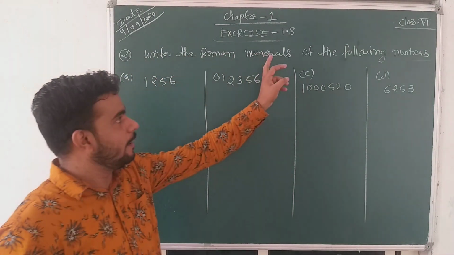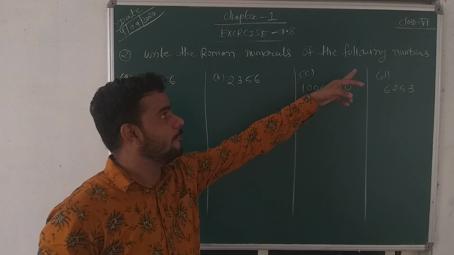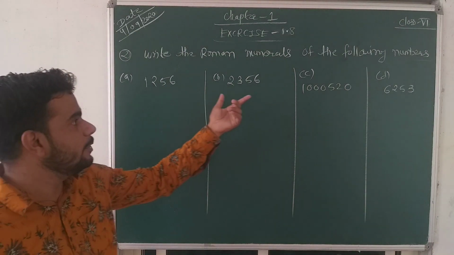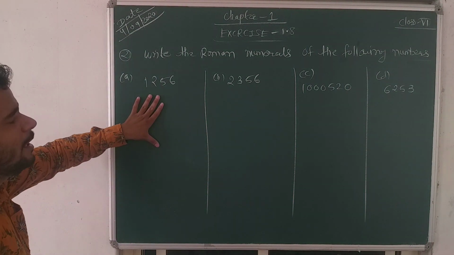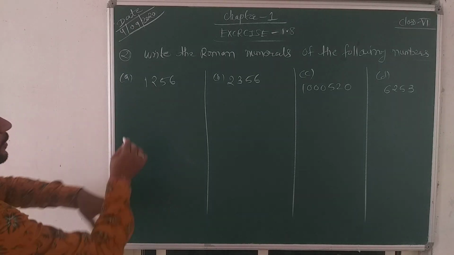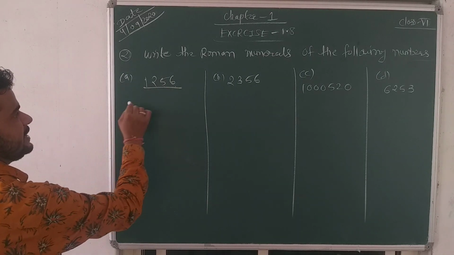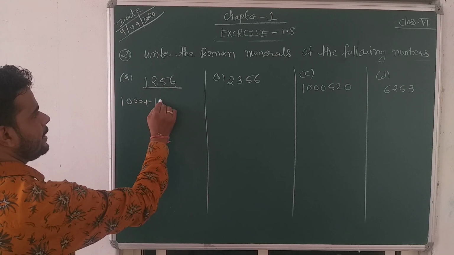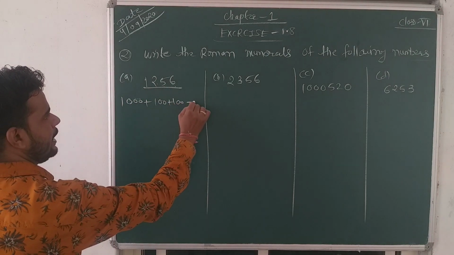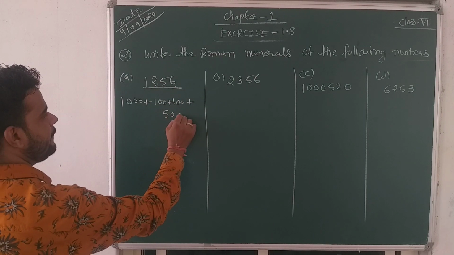So the next, second question. Write the Roman numerals for the following numbers. Now Indian numbers are given, and you have to write them in Roman numerals. So just see on the board how to solve. 1256 means 1000, 200 means 100 plus 100, 50, and 6.